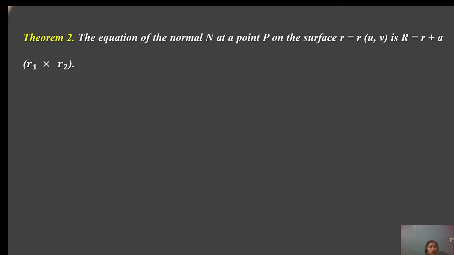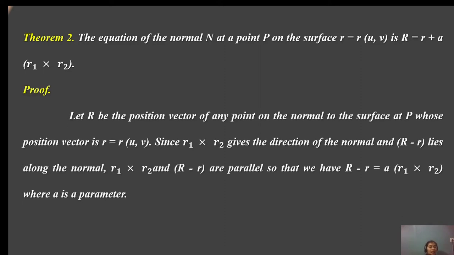Next, theorem 2: the equation of the normal n at a point P on the surface r equals r(u,v) is capital R equals small r plus a times R1 cross R2. Proof: let R be the position vector of any point on the normal to the surface at P, whose position vector is r equals r(u,v). For the domain, you know that R1 cross R2 is not equal to 0 and gives the direction of the normal, and capital R minus small r lies along the normal.